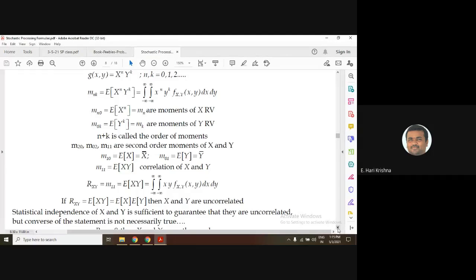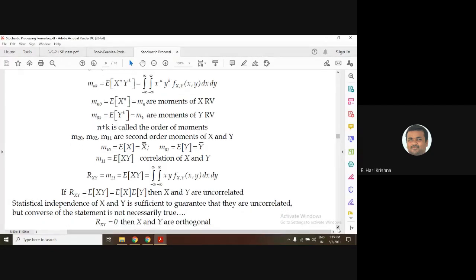If X and Y are independent, you can say directly with 100% guarantee that X and Y are uncorrelated. If X and Y are uncorrelated, you can't say they are statistically independent.